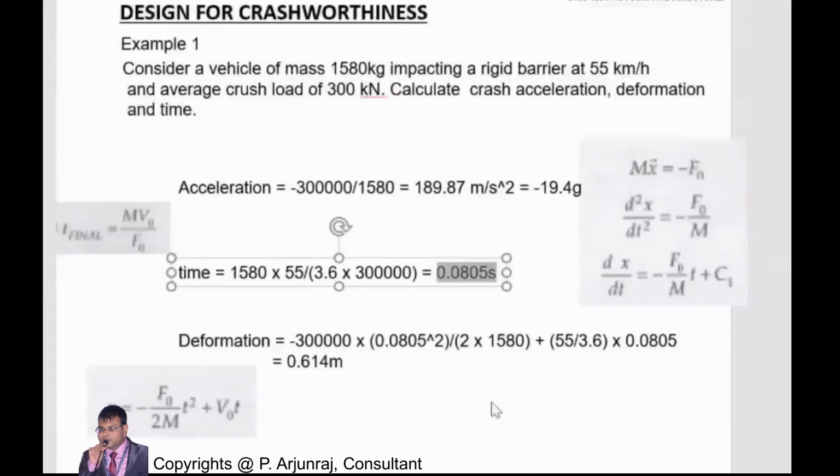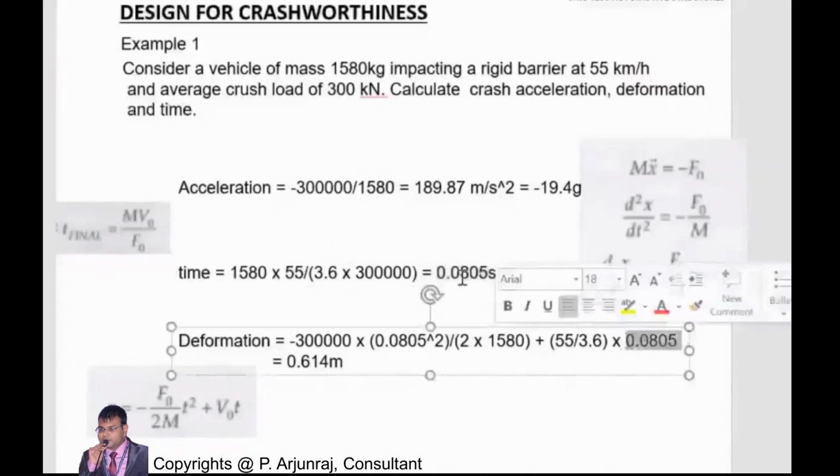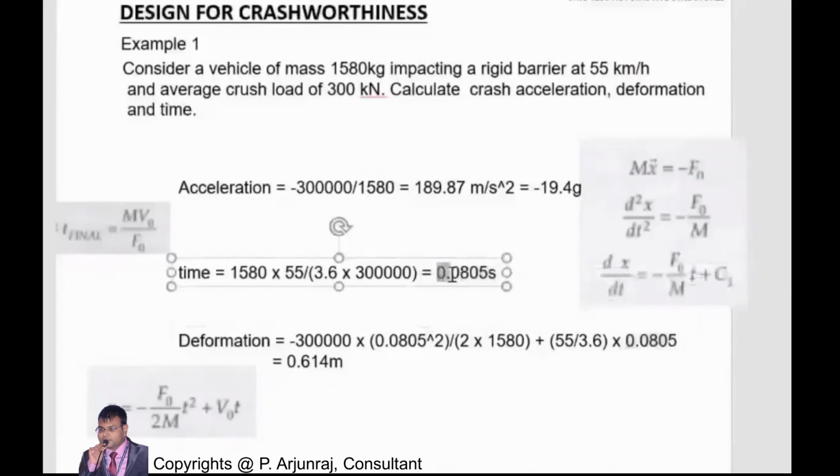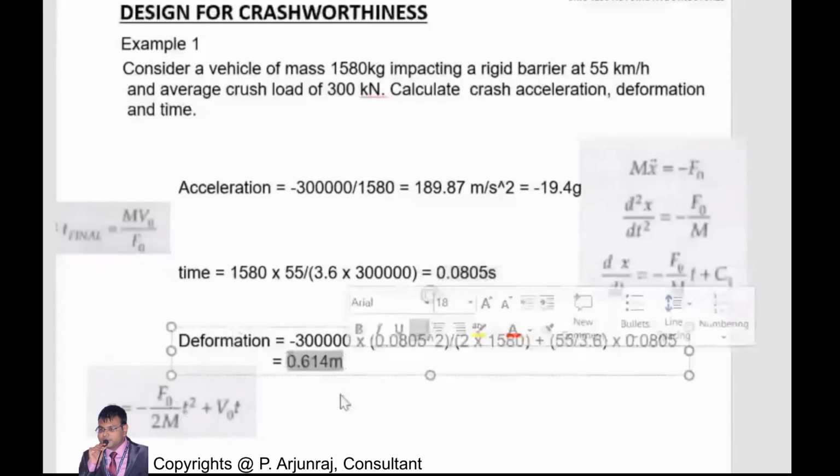The unit can be either Newton or kilonewton, so accordingly you should take that into consideration. And finally you have v0 times t. v0 we have seen as 55 kilometer per hour, which you need to convert to meter per second, so divided by 3.6, times t, which we have also calculated in the previous formula. So we are going to put this value. When you put this, the deformation that you are going to experience here is 0.614 meter.